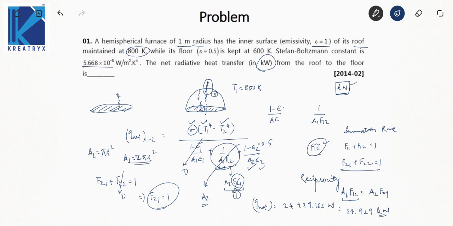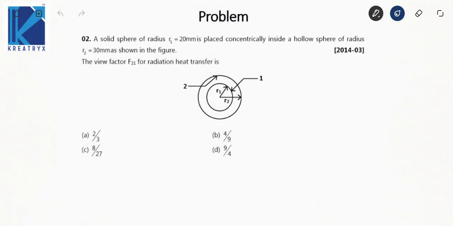Let's move on to the next question. A solid sphere of radius r1, 20 mm, is placed concentrically inside a hollow sphere of radius r2, equal to 30 mm, as shown in the figure. The view factor F21 for radiation heat transfer is what we have to find.